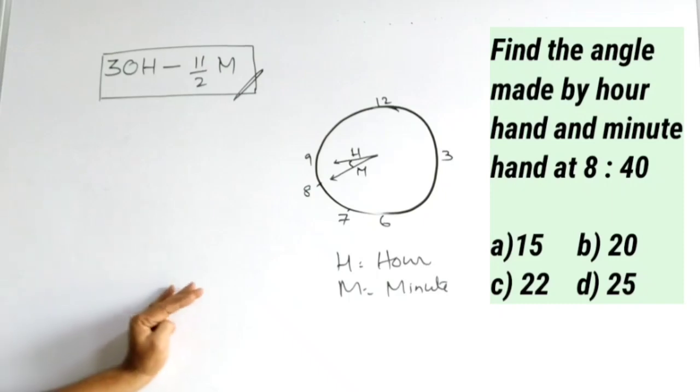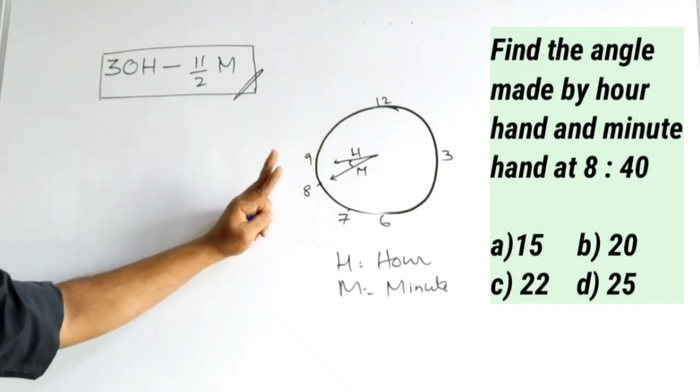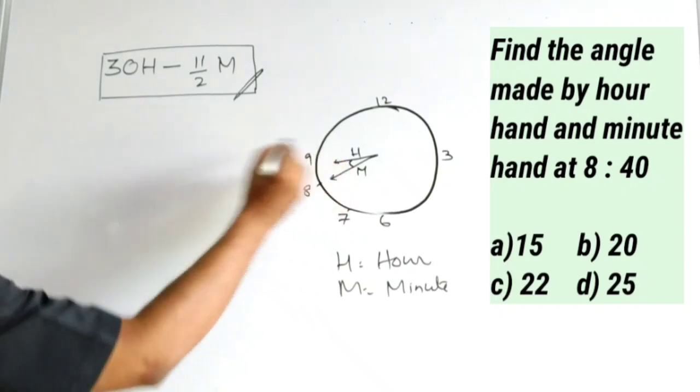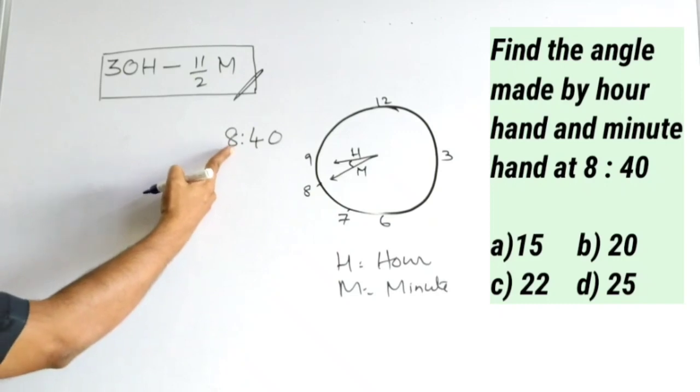Now what's the question given here? Find the angle between the two needles when the time is 8:40. Here time is 8:40. So hour is what? Hour is 8.